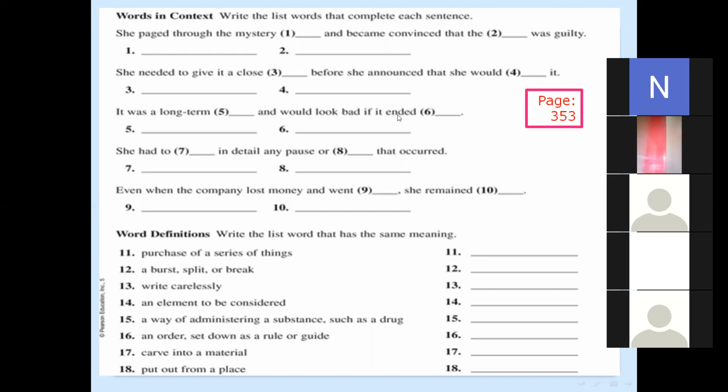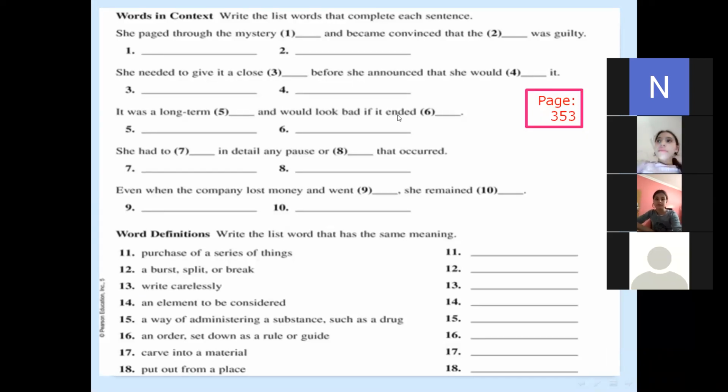She paged through the mystery, and became convinced that the suspect was guilty.